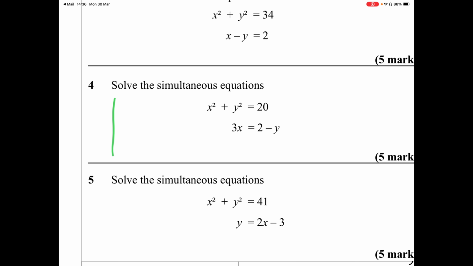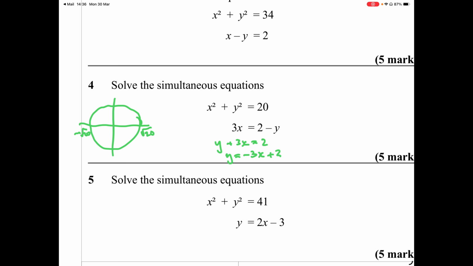Again, you get a little drawing, and this would be root 20, which is about 4 point something, and minus root 20, etc. If we reorganize this, let's add y onto both sides, so y plus 3x equals 2, so y equals minus 3x plus 2.